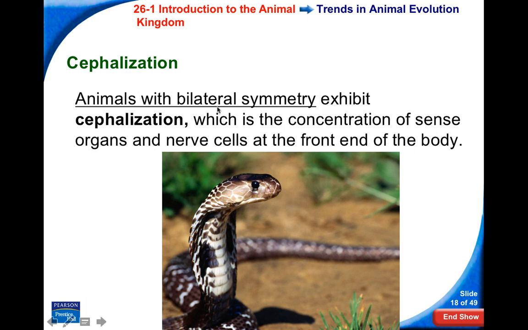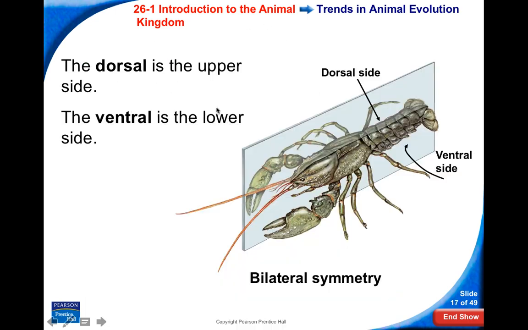If you imagine an animal with bilateral symmetry, I'm going to switch back here for a second. An animal with bilateral symmetry like this is going to, when it moves around, tend to walk towards the anterior, towards the front. So it makes sense that all the sensory organs are going to be concentrated towards the front end. In this case, this crayfish has eyes, and antennae that feel sensation, like touch.